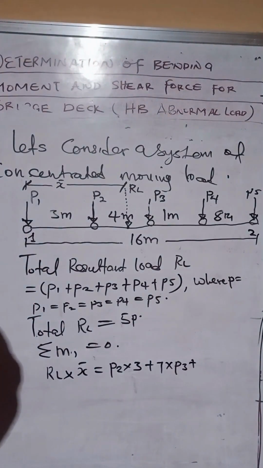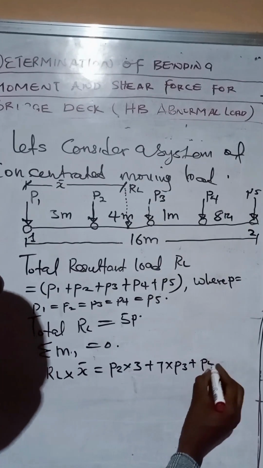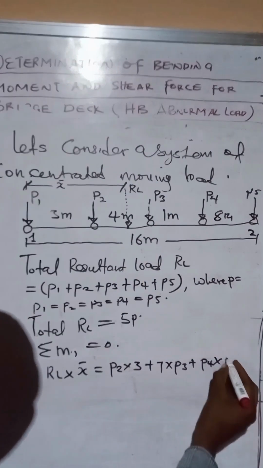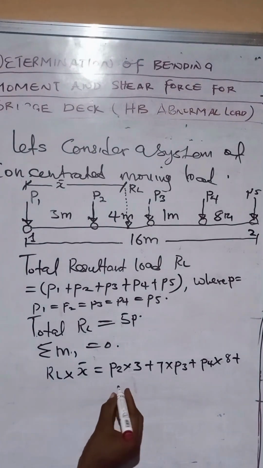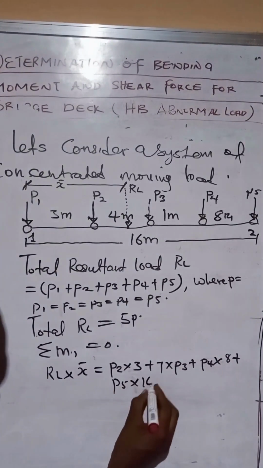We now have P4 times 8, then plus P5 times 16.